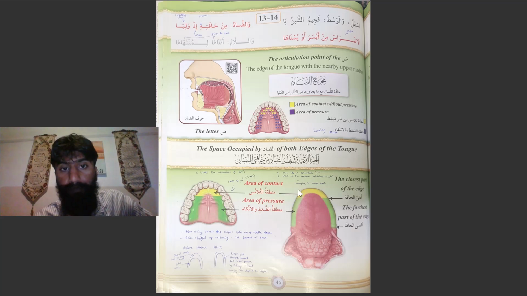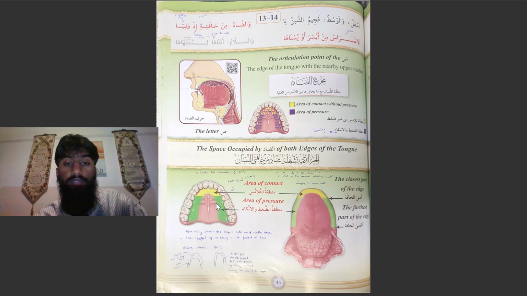Note that the area of contact is all of this, but the area of pressure is only the bits in green. Where you're pushing to make the sound, the focus of the pressure, i.e. the articulation, is the sides of the tongue, from this side and this side, not the top part of the edge.